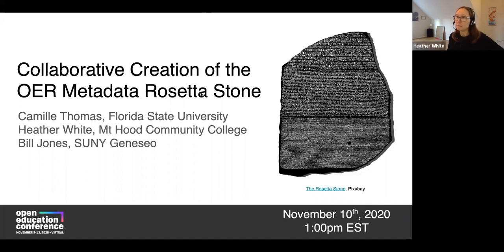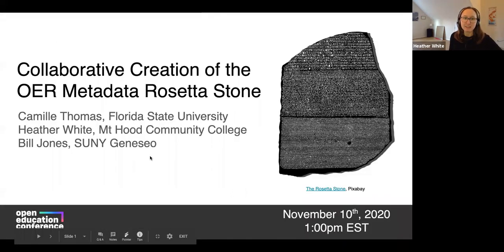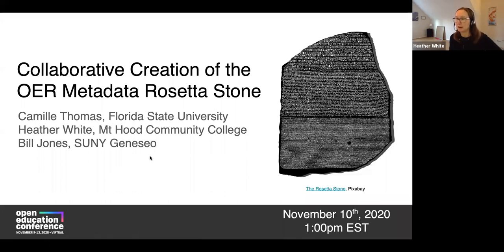So the OER Metadata Rosetta Stone, just a quick recap. I just want to recap what the Rosetta Stone actually is, in case we've forgotten. The Rosetta Stone is from 196 BC, and it was this landmark discovery in archaeology that unlocked Egyptian hieroglyphics.